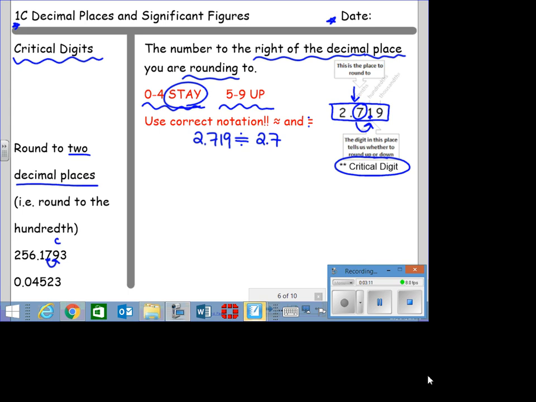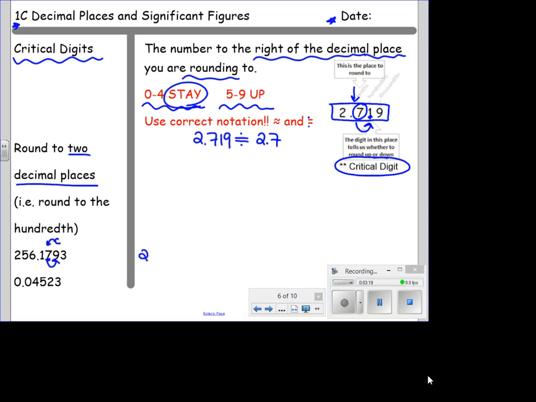My critical value is in the 5 to 9 category, which means, boom, I'm going to have to move that 7 up. So I'm going to have 256 and 18 hundredths. So 256.18 means 256 and 18 hundredths.